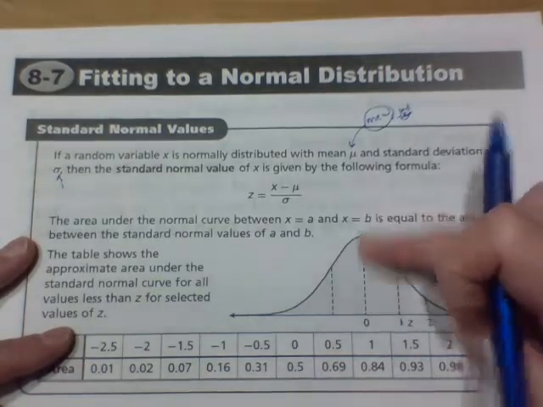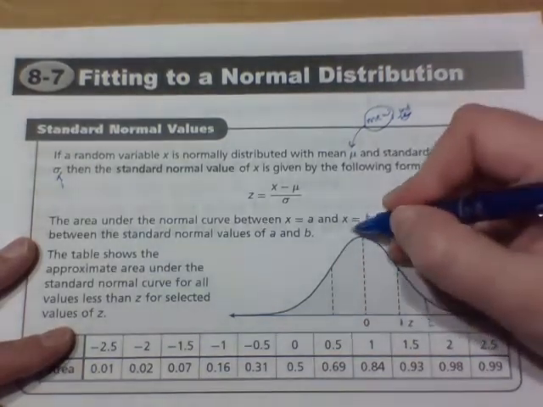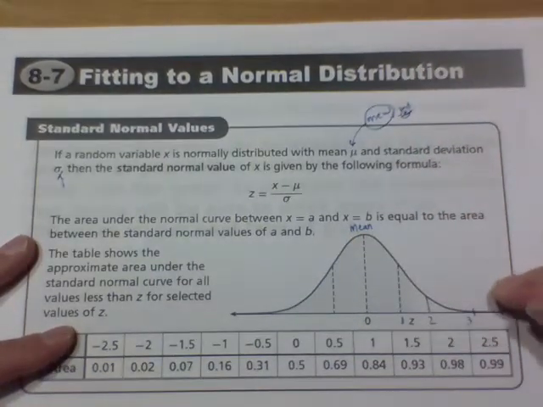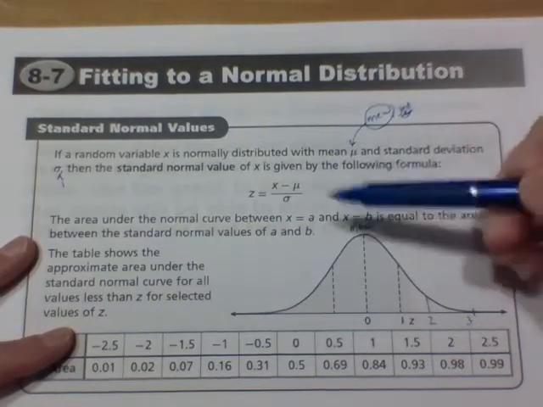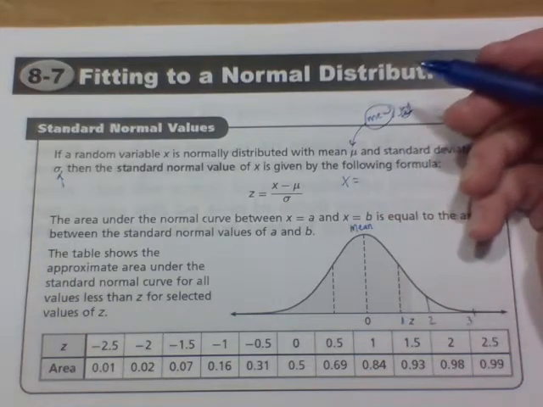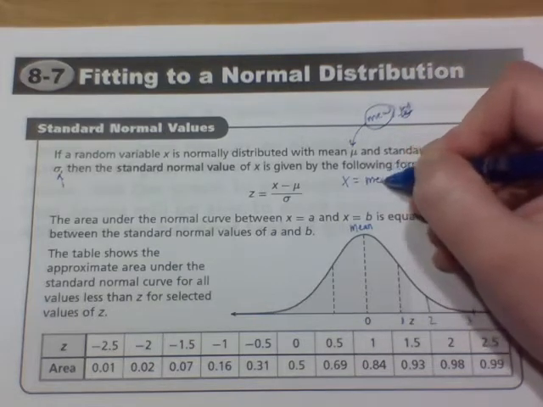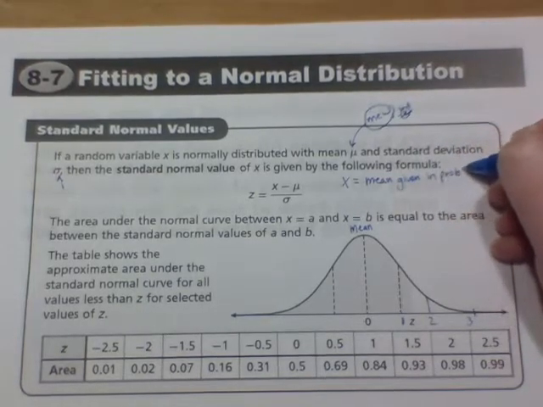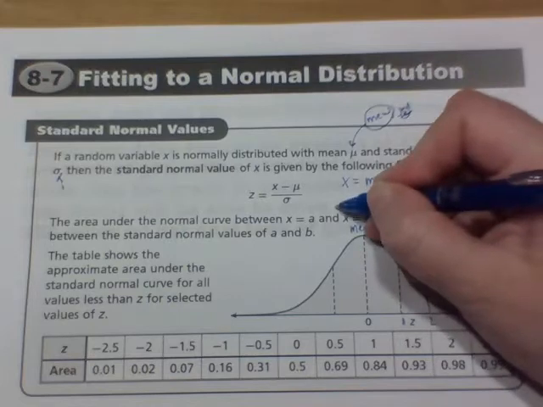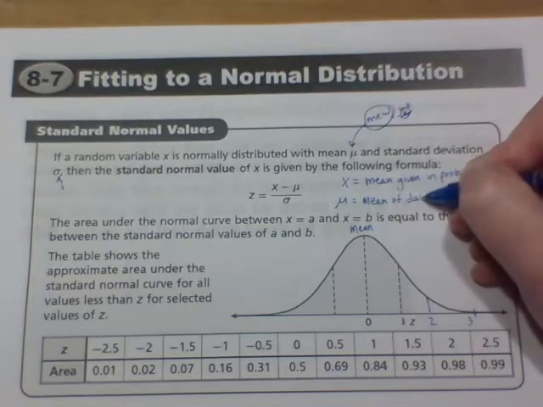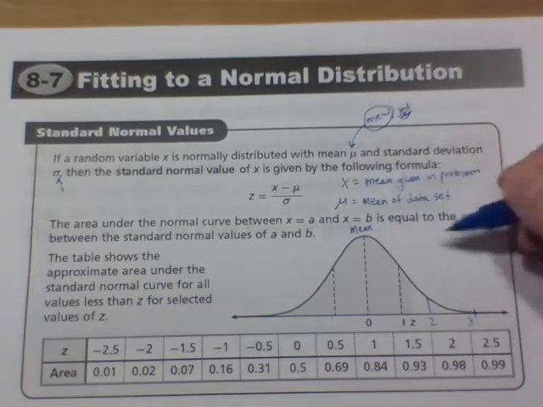So 3 standard deviations away from the mean, which is the center, represents all of the possibilities of a normally distributed data set. When you do that, you're going to take your x, which notice is not x bar, but that's kind of what they're hinting at. Your x value is the mean that is given in the problem, but not the one that is the mean of the data, because mu is actually the mean of the data set, the one that's calculated if you add them all up.